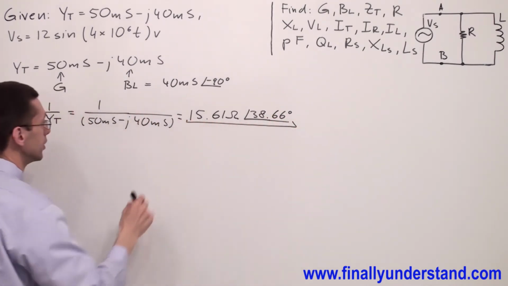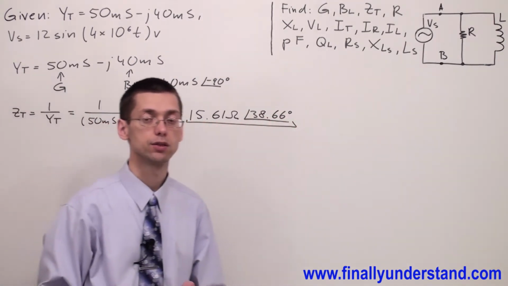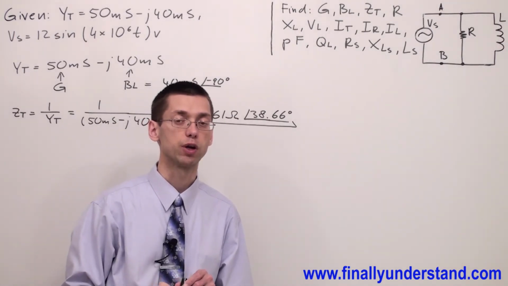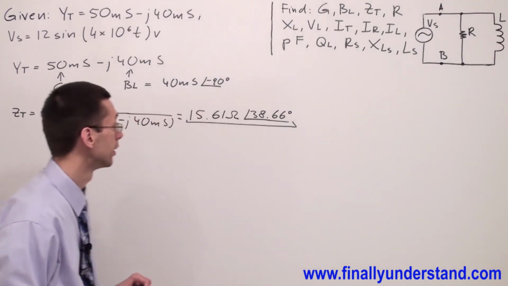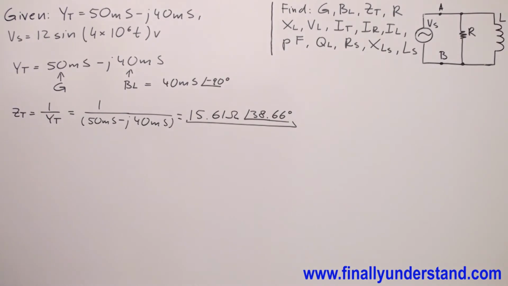Okay, so this is the total impedance of my circuit expressed in polar form. Next, we have to find the resistance.